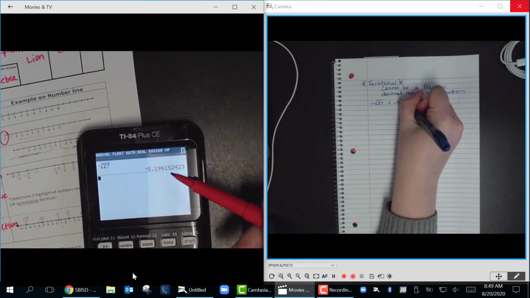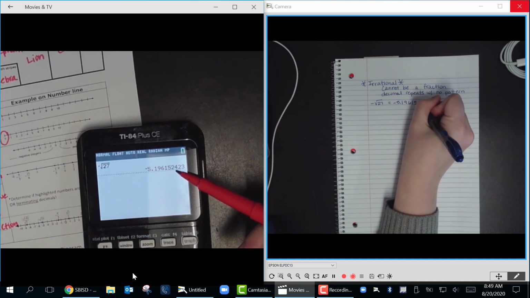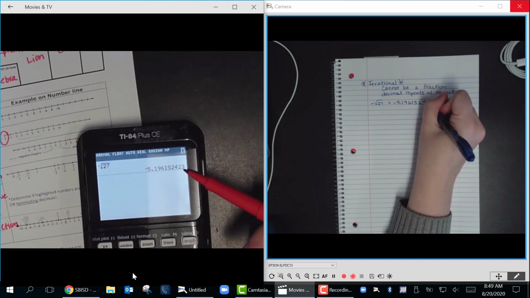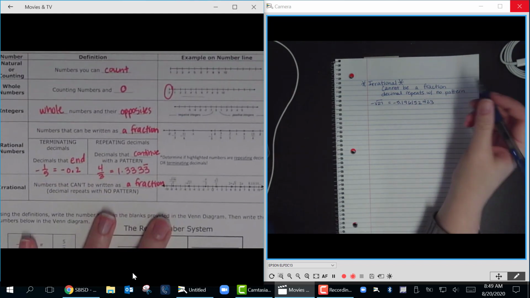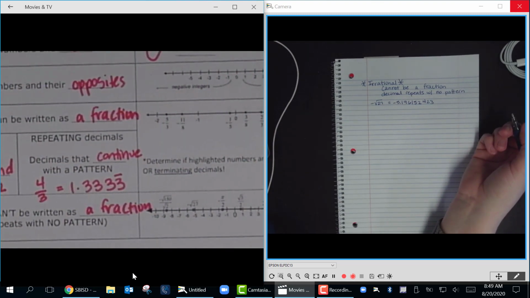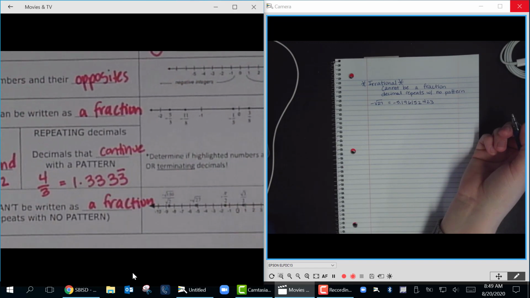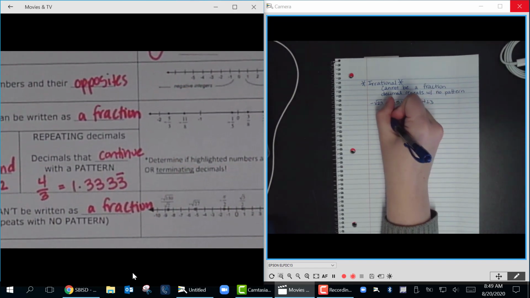Oh, but that's not a 9, so it's not repeating. 5, 2, 4, 2. But that's not a 4, that's a 3. So notice, if you look at where this is on the number line in your notes, -√27 is just a little less than -5. Okay?